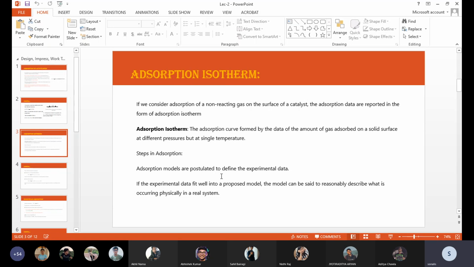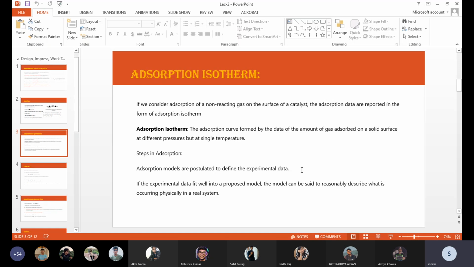Adsorption models are postulated to define the experimental data. We have assumed an equation which will define the adsorption nature of the gas. So we have postulated an equation.